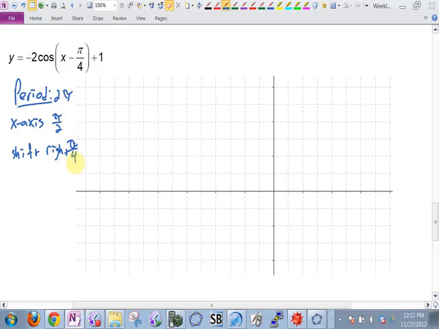So I would love to just label by pi halves, but because of that shift to the right pi fourths, I'm probably going to choose to label by pi fourths. So we got pi fourths, there's our pi halves, 3 pi fourths, pi, and so on and so on. So I think this is going to be 2 pi right here. Negative pi halves.